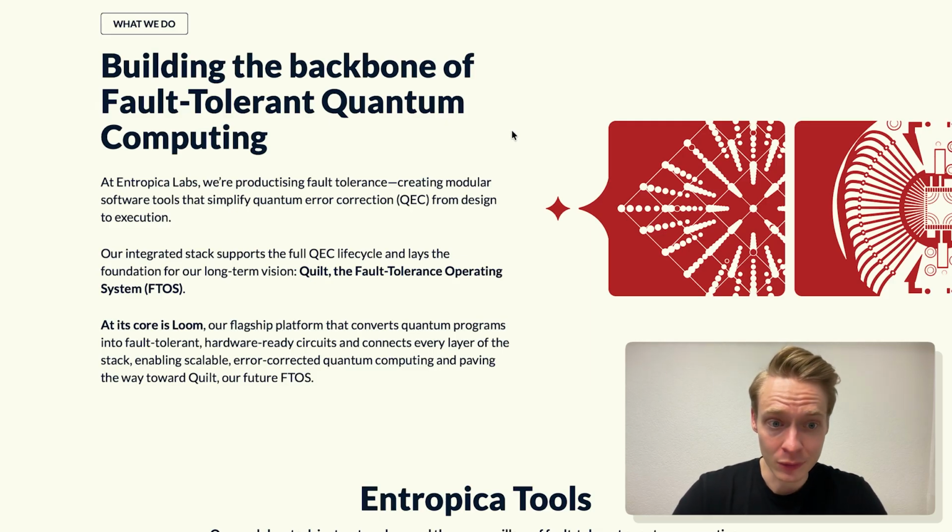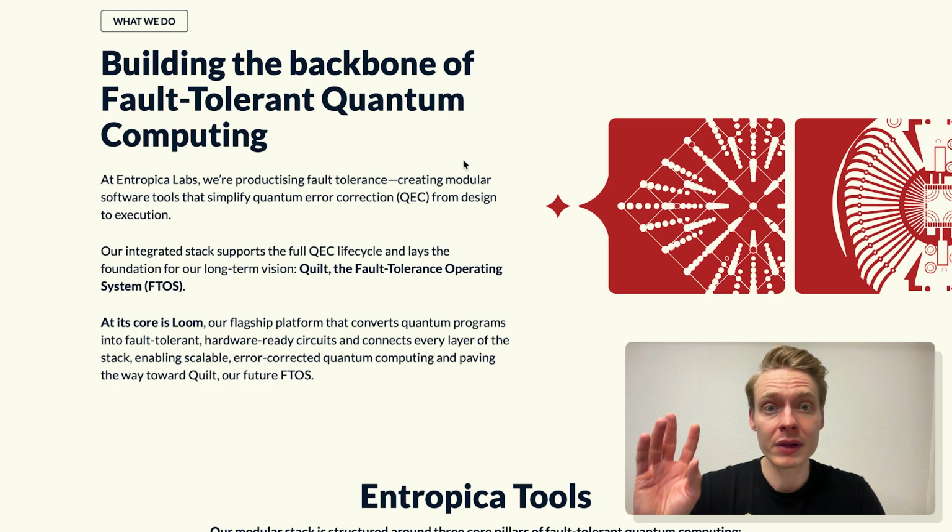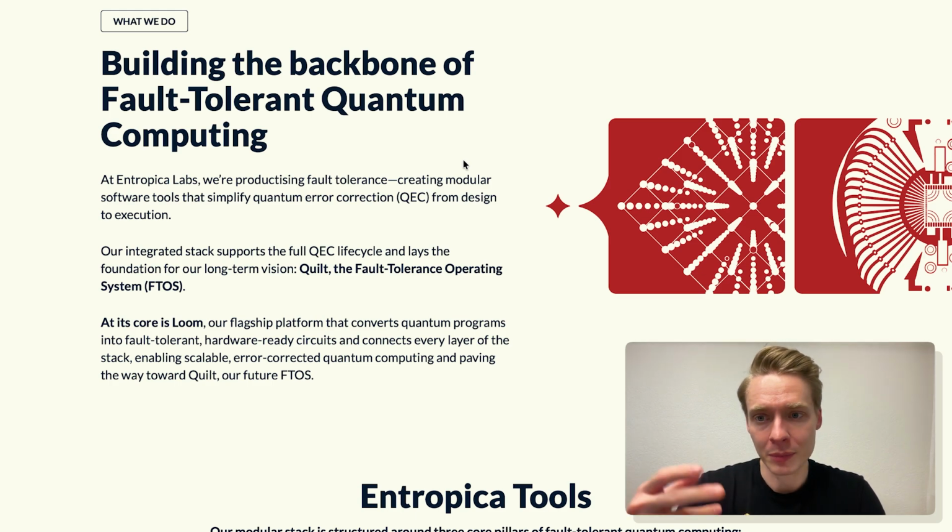At its core is Loom, our flagship platform that converts quantum programs into fault-tolerant, hardware-ready circuits and connects every layer of the stack, enabling scalable, error-corrected quantum computing and paving the way towards QLID, our future FTOS. So the aim is to build an operating system on top of quantum computers.